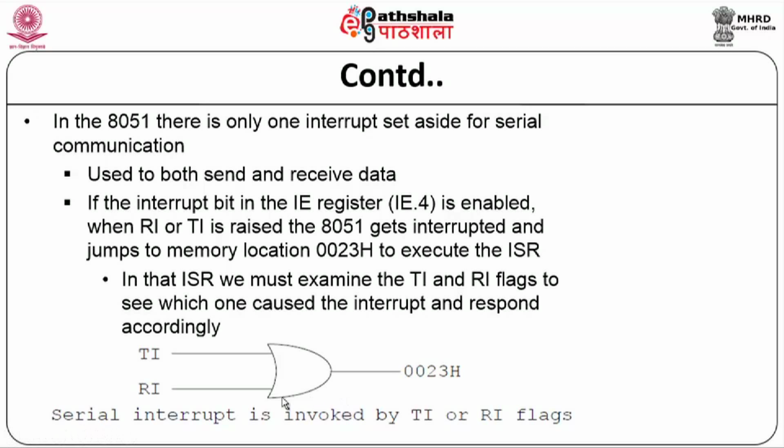Because of that, if I get either a TI or an RI, I need to provide that particular interrupt service. Usually while we are receiving, we need to look at this serial communication interrupt very seriously. If it is transmitting, because we will be sending, we can send at any time. So, the receiving of serial data is given much more importance when compared to transmitting serial data.